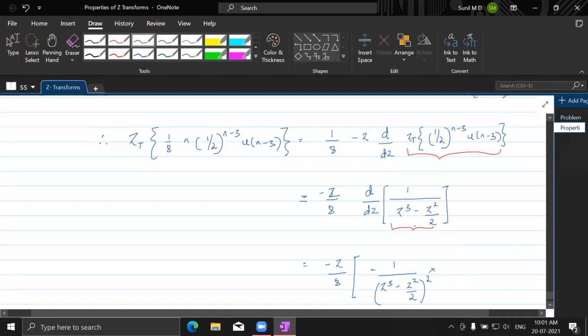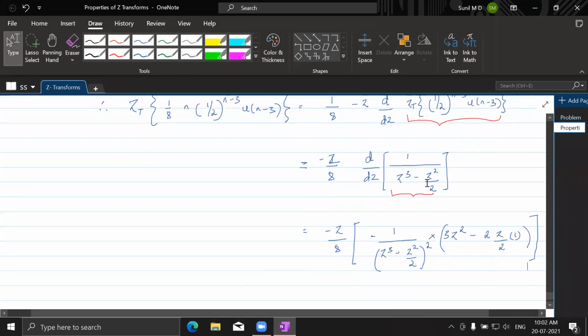So it would be 3z square minus, 3z square minus 2z by 2 into 1. So this is how it looks like. If I'm wrong, just correct me. So I'm differentiating with respect to z the denominator, 3z square minus 2z by 2, and then differentiation of z is 1. So this is how we have done.